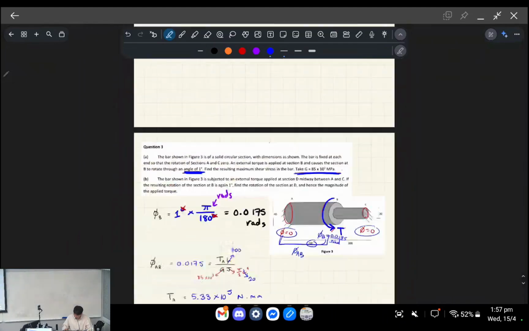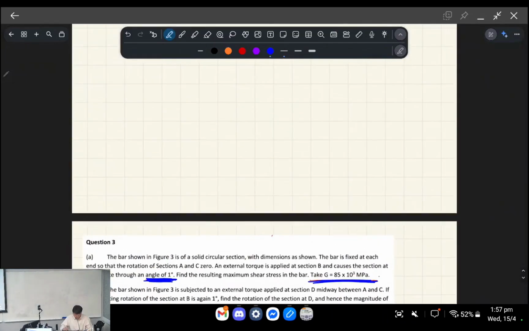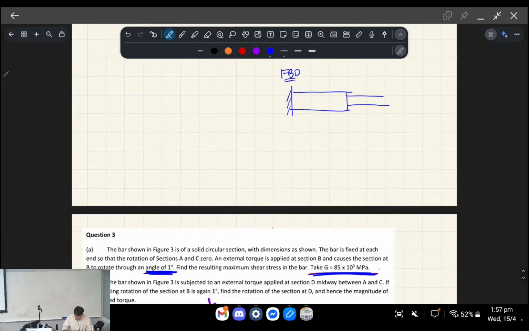So what does this look like on a torque moment diagram? If I draw a free body diagram first, again, you don't have to do all this extra detail like I'm doing right now, I'm just trying to explain it better.